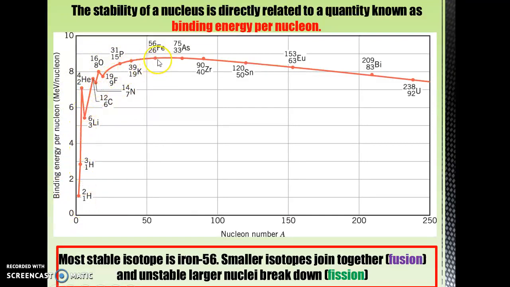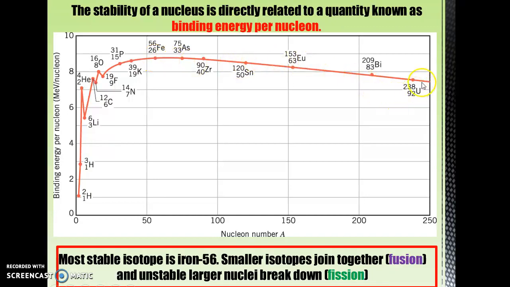So what this really means is that iron has the prime position, as it were. The most stable isotope that exists is iron 56. And so what's going to happen is that any isotope that is smaller than iron will typically bind with another isotope and produce something larger to get closer to this iron over here.